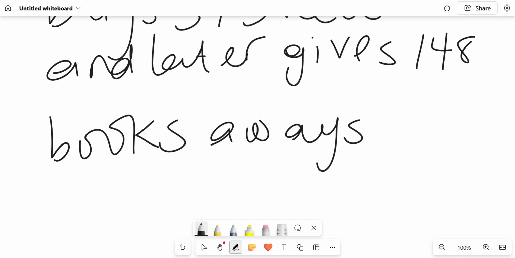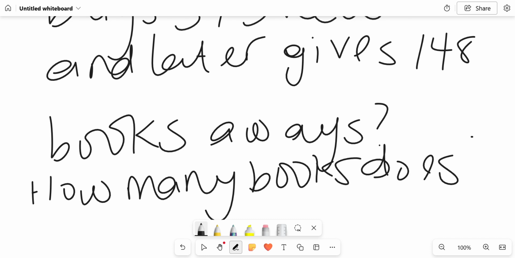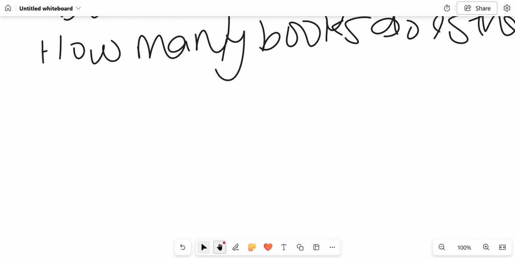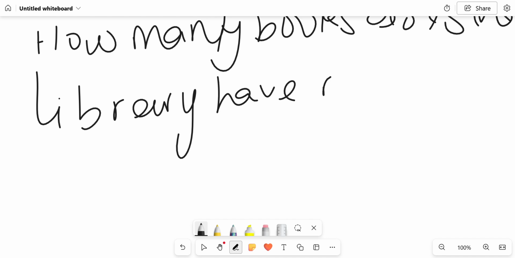So you have to calculate how many books does the library have now. So you can try these 3 questions and put it in the comment box for me to check.